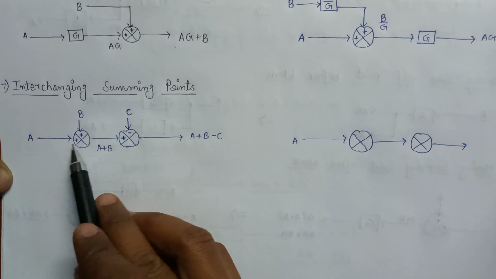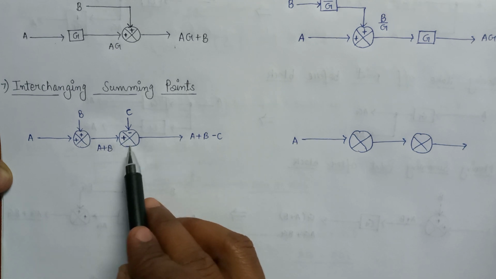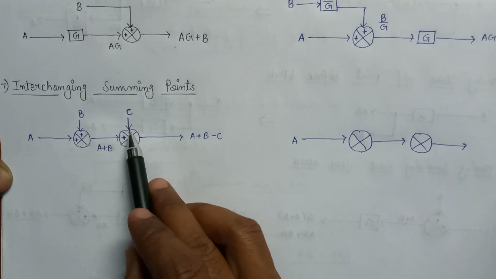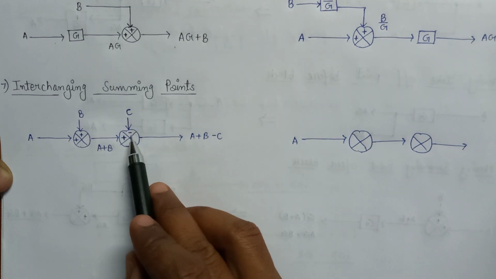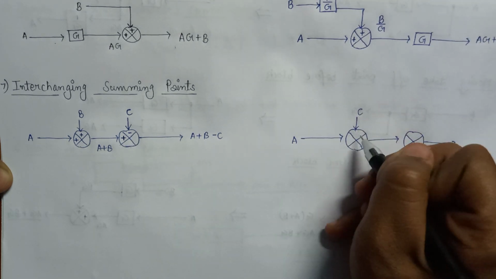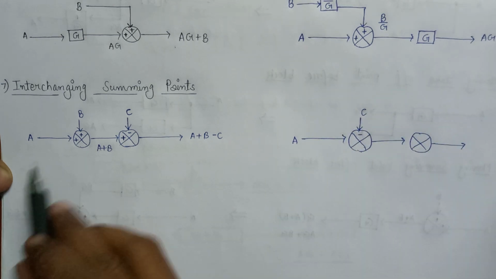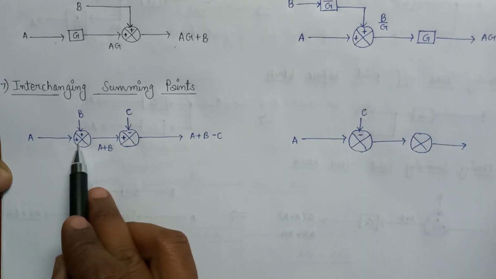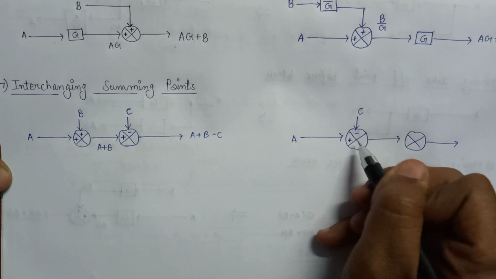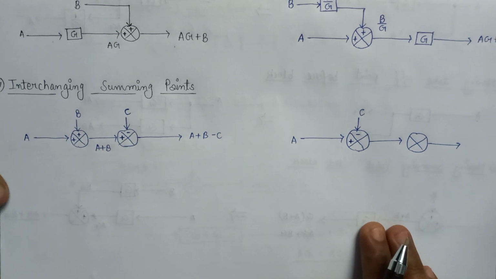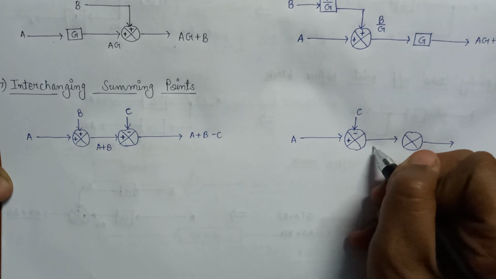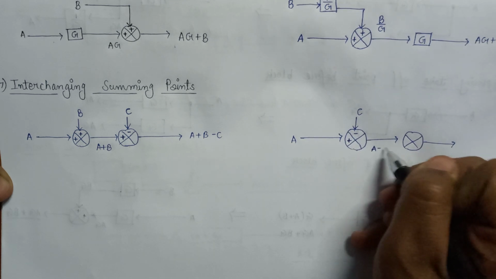Since we have to interchange the summing points, we will draw the second summing point first. Since the input C is applied to the second summing point with a negative polarity, we will draw input C with negative polarity, and A is applied to the summing point with a positive polarity. That's why a positive sign will come here. After this, what will be the output of this first summing point? The output will be nothing but A minus C.